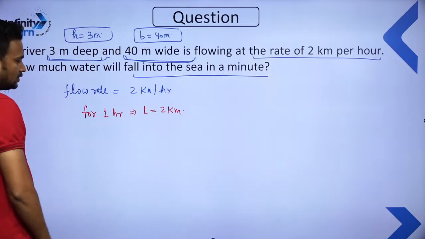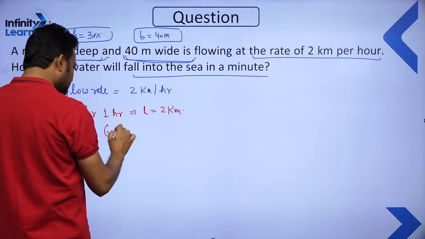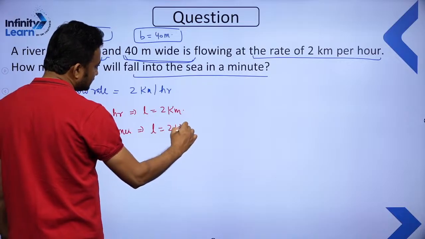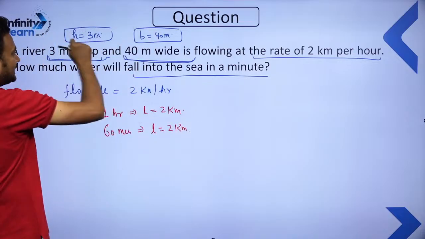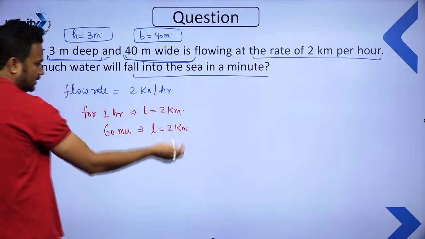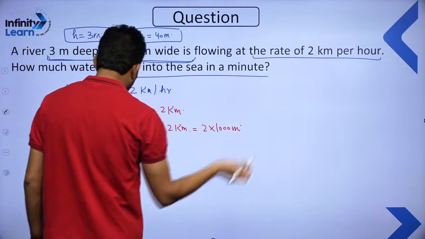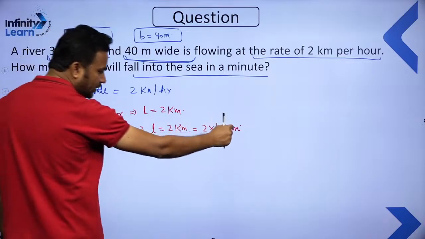So 1 hour is equivalent to 60 minutes, so 60 minutes is equal to a length of 2 kilometer. Since the remaining dimensions are in meter, let us convert it into meter. So that will be 2 into 1000 meter. So for 60 minutes it will be 2 into 1000 meter.